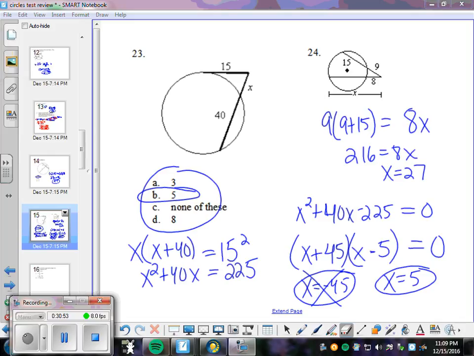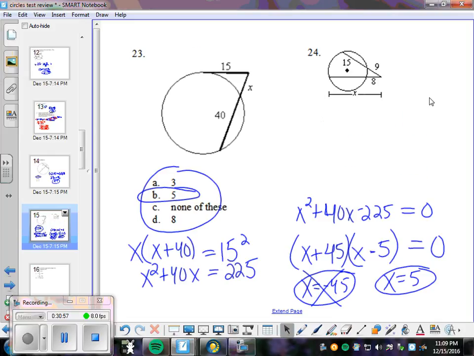If I already did this, then ignore. I'm redoing. When I factored this, I don't know that you saw me do the factors because I paused it and came back. So 45 and 5 are my factors. X equals negative 45 won't work. 5 works. So that's your answer. Use your answers here to help you get your factors. If I've already done 24, then just ignore me doing this again.